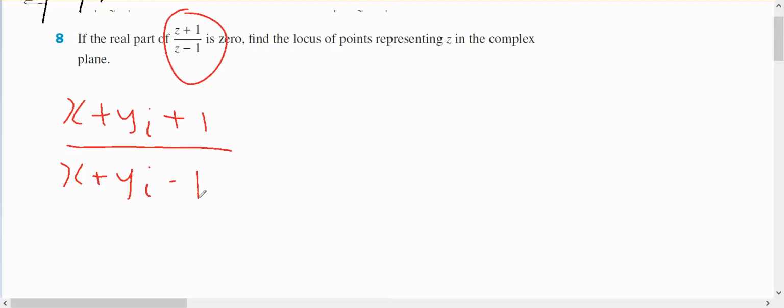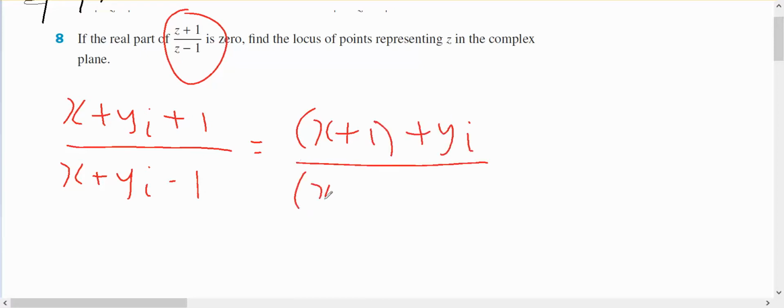And that's going to be the same as x plus 1 plus yi on the top and x minus 1 plus yi on the bottom. Since I have a bit on the bottom that has an imaginary component to it, I'm going to multiply that by its complex conjugate.